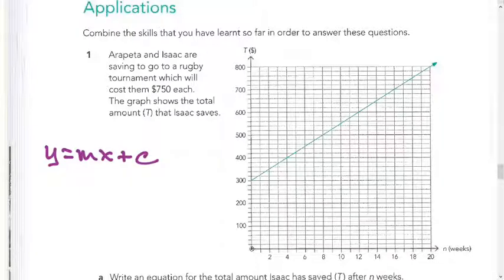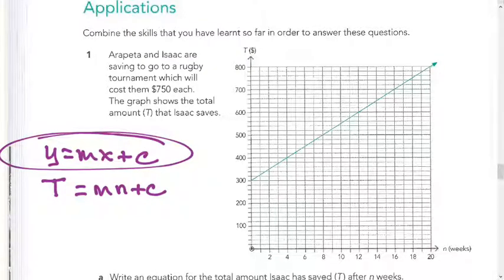It doesn't matter. When you're solving it, you could do that as t equals mn plus c if you want to. But you could also just use it like that. I don't think they'd count it wrong. But in this case, the y is a t and the x is an n, so we'll go ahead and do it like that.